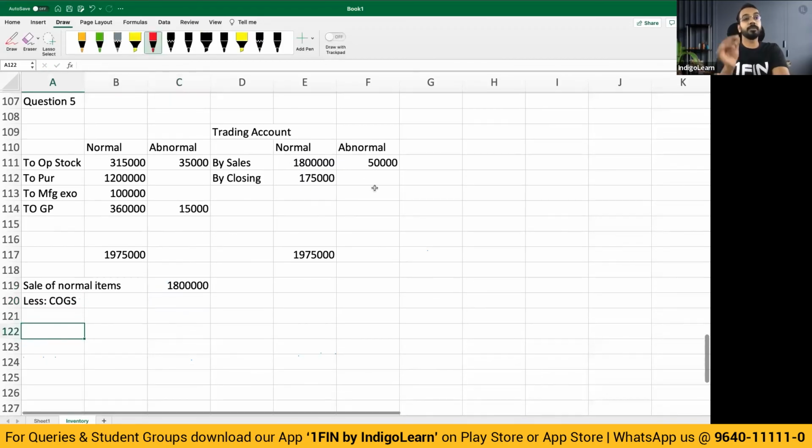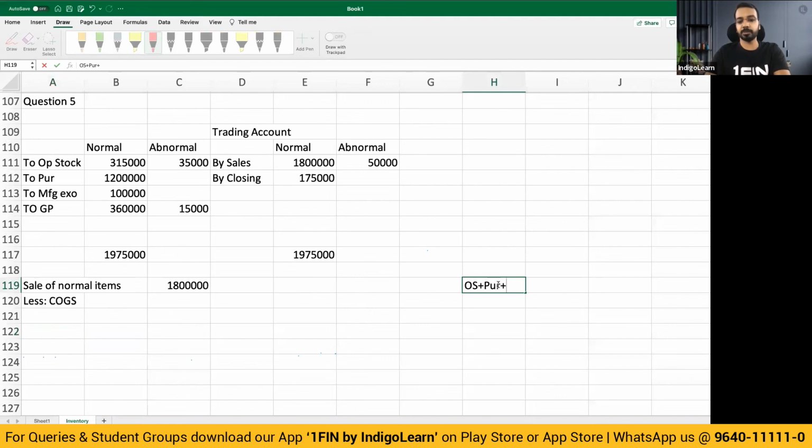Now here, please note, you have manufacturing expense as well. So your formula will be slightly changed to opening stock plus purchases plus direct expenses minus closing stock is equal to COGS. We do not have cost of goods sold, right?